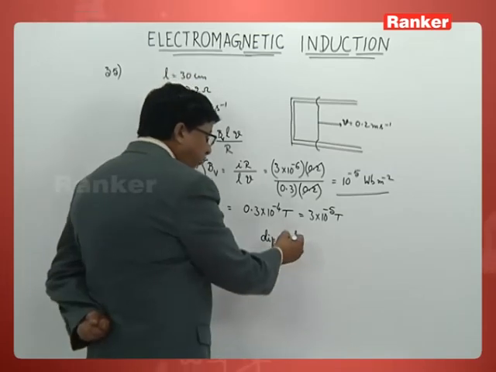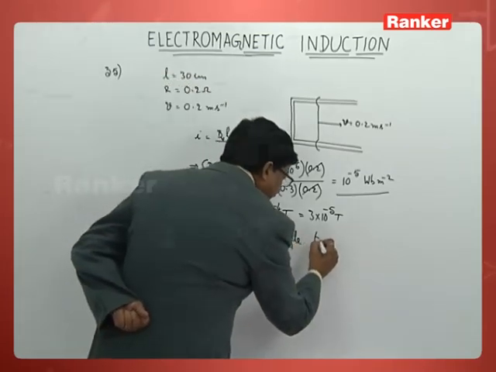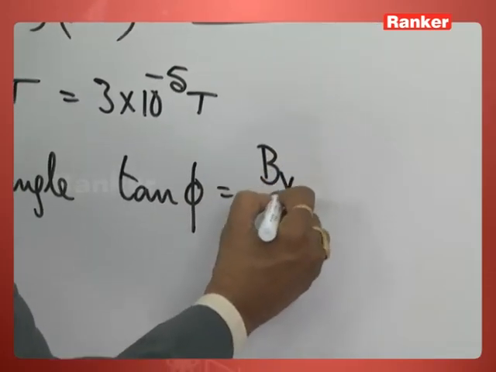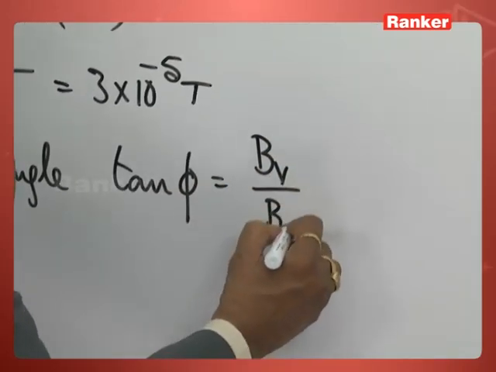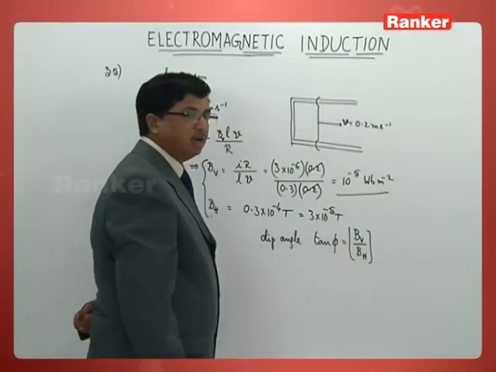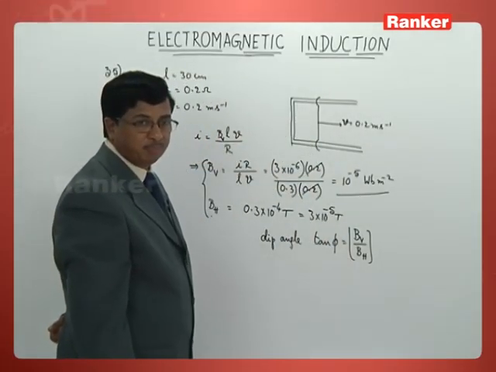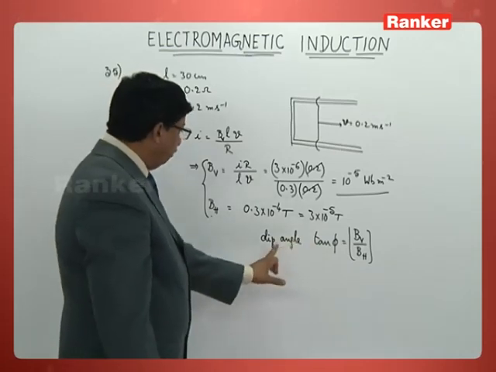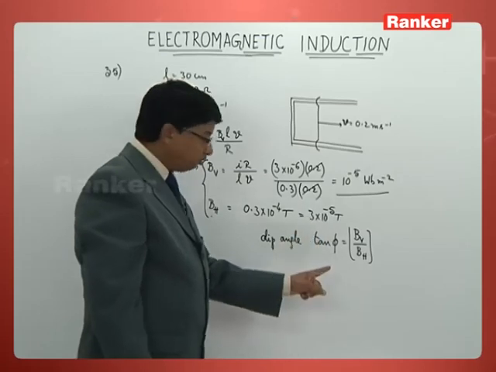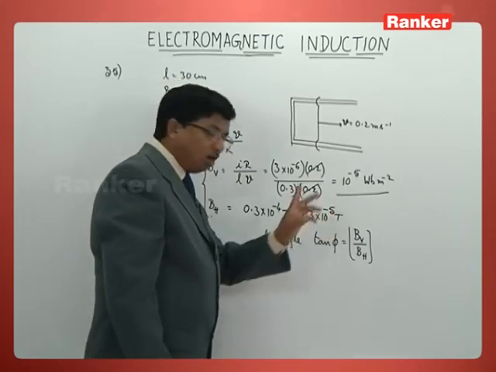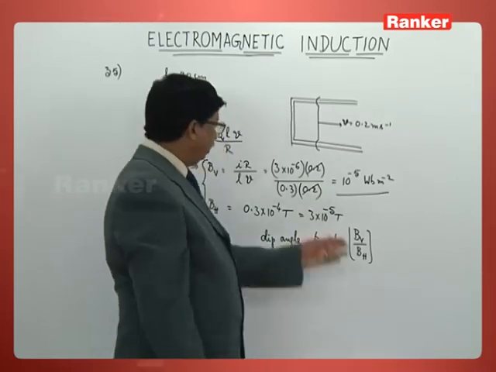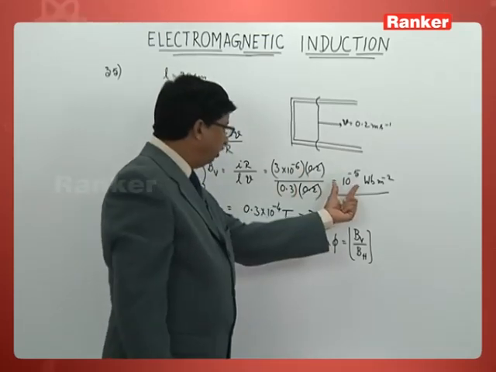If I take the dip angle as phi, tan phi can be written as the vertical component of Earth's magnetic field over the horizontal component of Earth's magnetic field. I just repeat once again, when I consider a dip angle as phi, tan phi must be Earth's vertical component by horizontal component. What is the vertical component we have calculated?